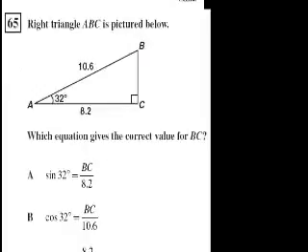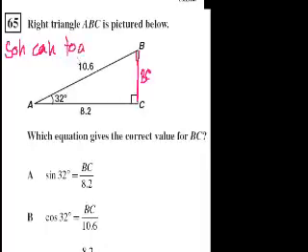Problem 65. Right triangle ABC is pictured below. Which equation gives the correct value for BC? So this is what they want us to figure out. This is BC right there. All right. Okay. So let's read them. Let me write SOHCAHTOA. I actually do this a lot.